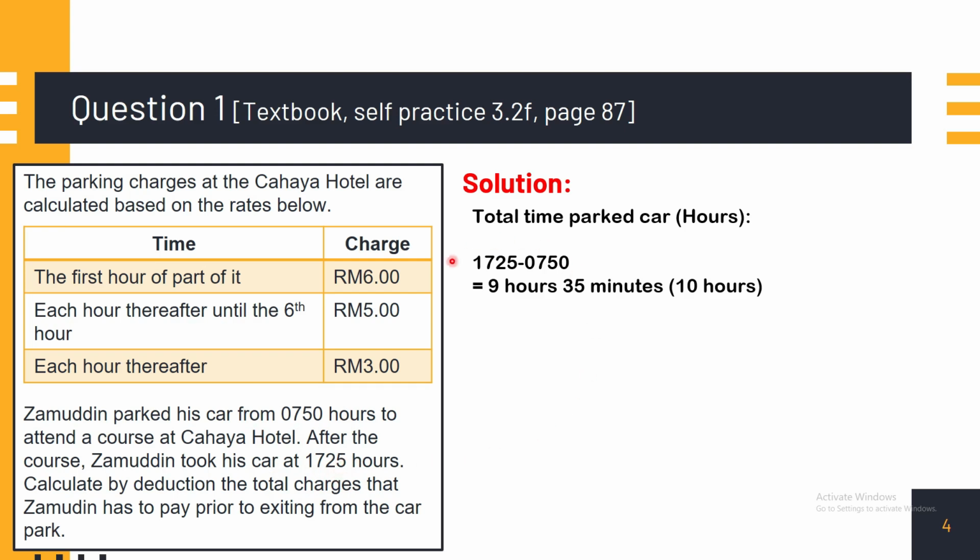Then we calculate the total time, which is 17:25 minus 7:50, and we get 9 hours 35 minutes. We take this as 10 hours because no matter how many minutes are left, they are included in the hour.